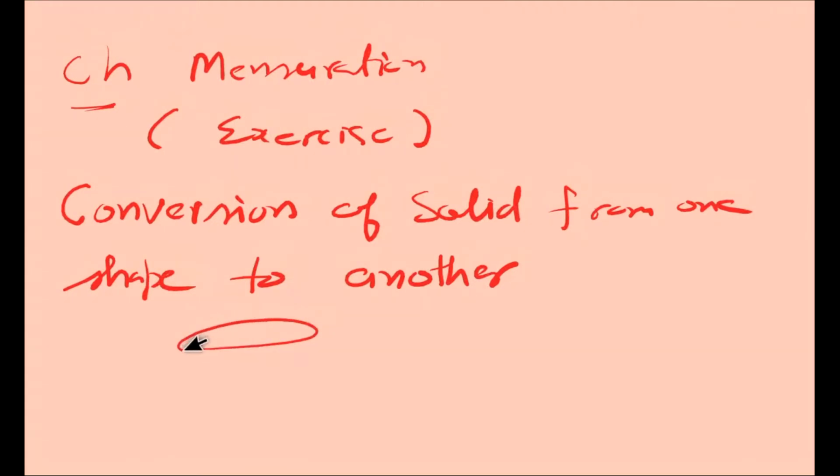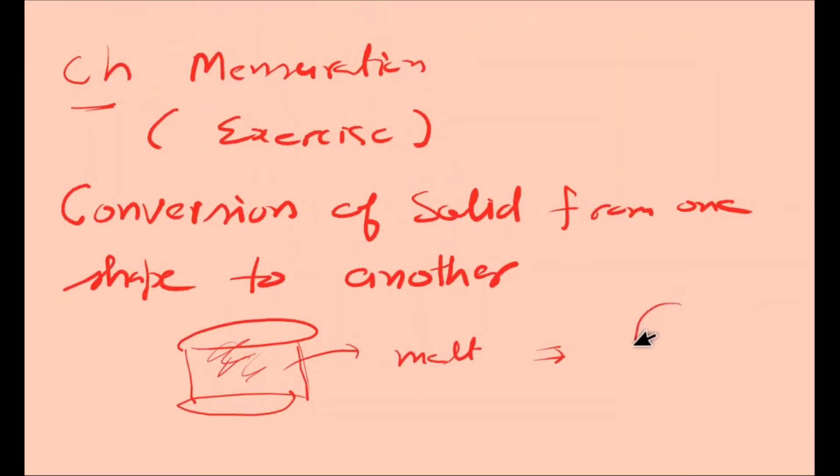Let us say you have a solid in this shape, a cylinder. Now this solid is melted and recast in the shape of a sphere. So what do you understand by this conversion?